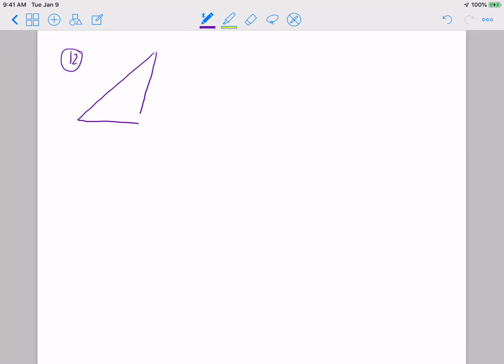So I have my triangle like this for 12. That's x, 25, 120, and 15. Mark your pair. We have one pair. And do we have all the sides? If we don't, that means we have to create another pair. We got 2 angles already. We got this angle, we got this angle. That means we can find the third angle by using 180.